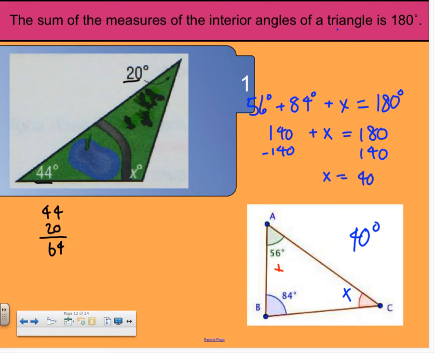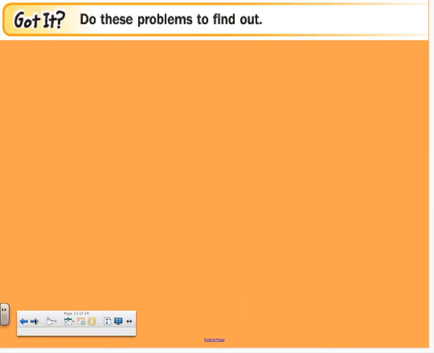And now I basically just need to subtract that from 180, and 64 subtracted from 180 is, anybody? 116. So angle X of this park is 116 degrees.